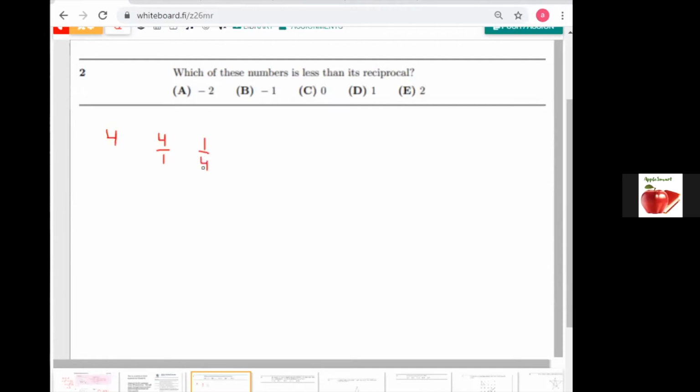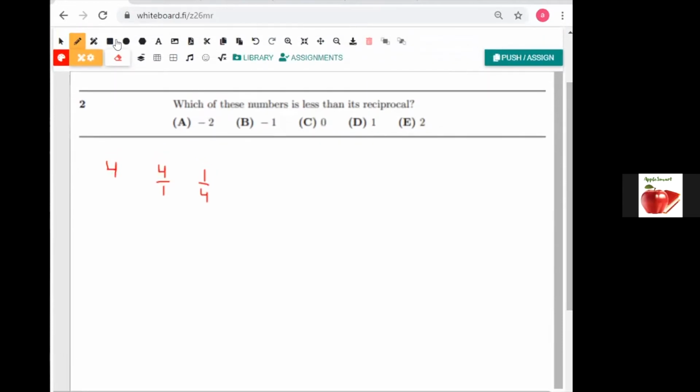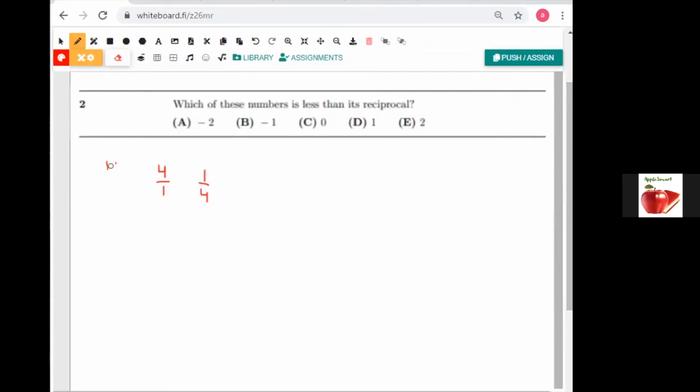Okay. All right. So just give me a second. I'm going to erase that. All right. Okay. So it says, which of these numbers is less than its reciprocal?